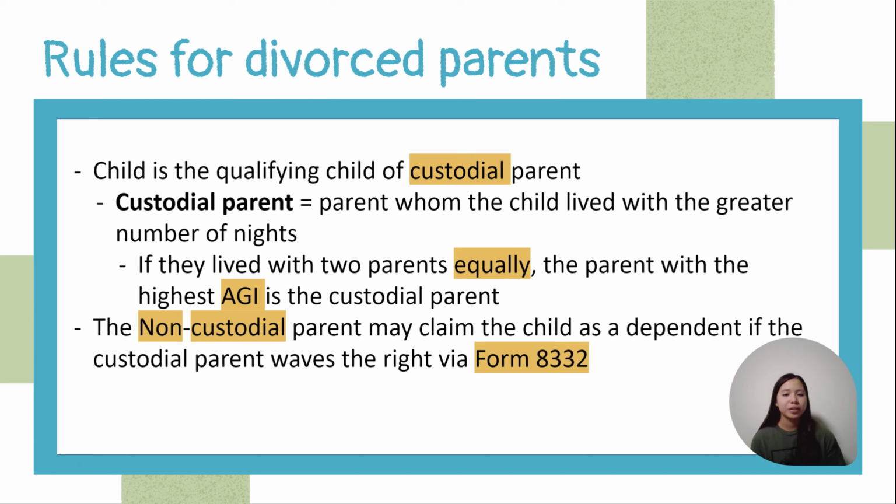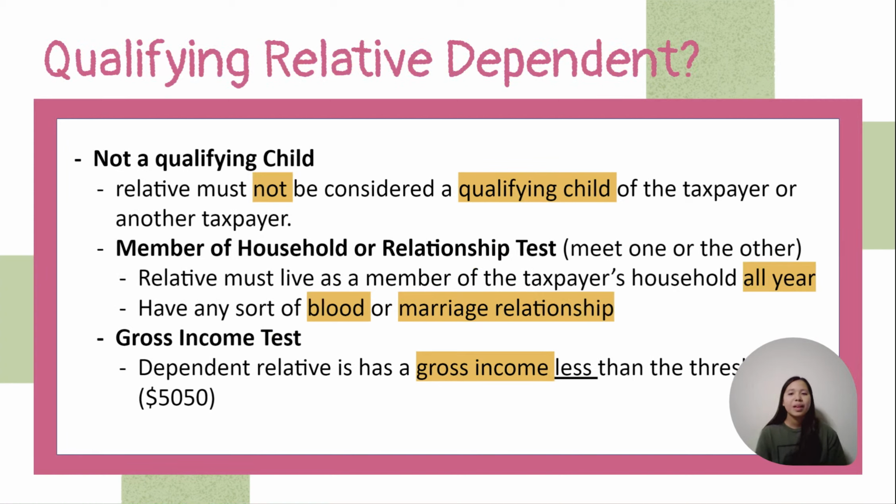If the time was divided equally, so 6 and 6, then the parent with the highest adjusted gross income would claim the child as their qualifying child dependent. You can make the non-custodial parent eligible to claim the child, but you have to fill out court documentation, which is Form 8332.